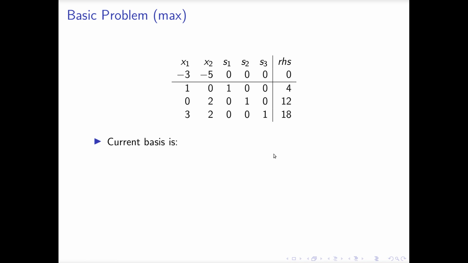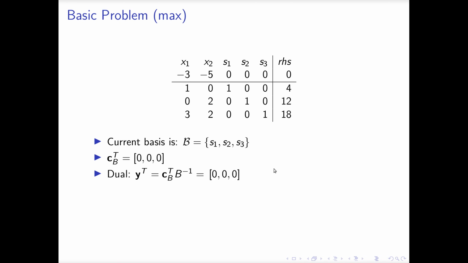Just as an example, suppose I use the current basis that I see sitting here, that is S1, S2, and S3. So what is my CB transpose? CB transpose is just the coefficients up here for S1, S2, S3, which is 0. Therefore the solution to the dual is CB transpose B inverse, which is just 0, 0, 0.